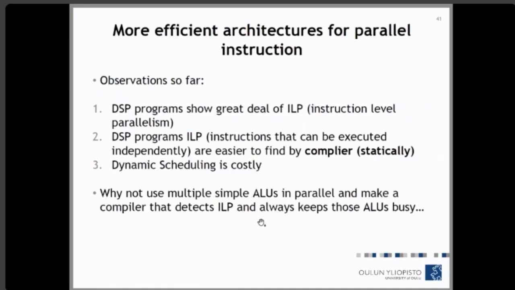So, as I mentioned, DSP programs have a great deal of parallelism. They are pretty much predictable, so the compiler can statically schedule them, and we can avoid using expensive dynamic scheduling.